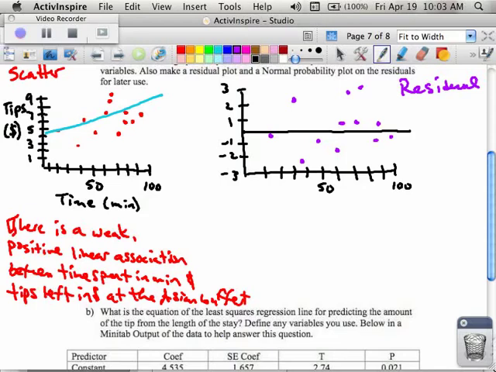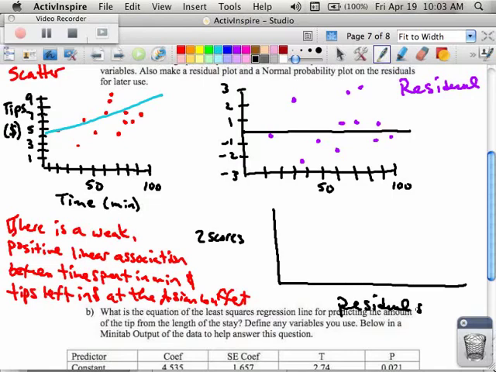And then our last one is a normal probability plot. And it looks something like this. Off to the side here, this will be the z-scores. And down below are the residuals. And for the z-score, 0 is in the middle.